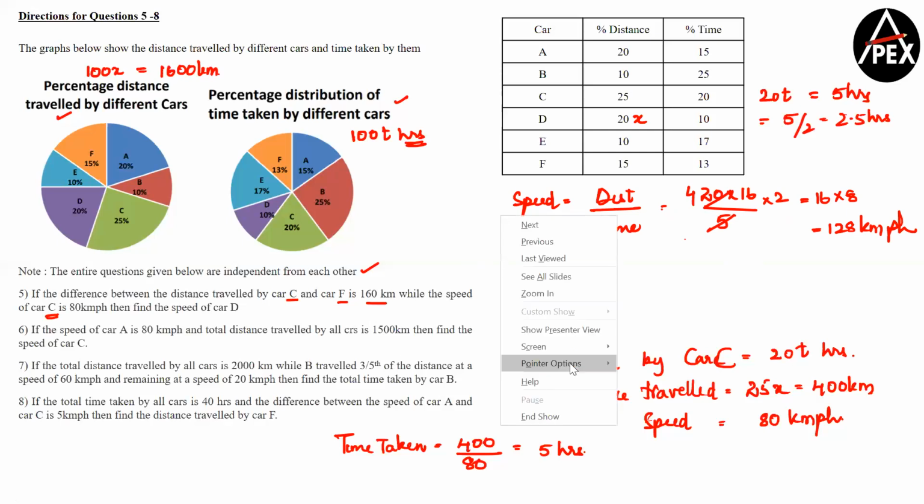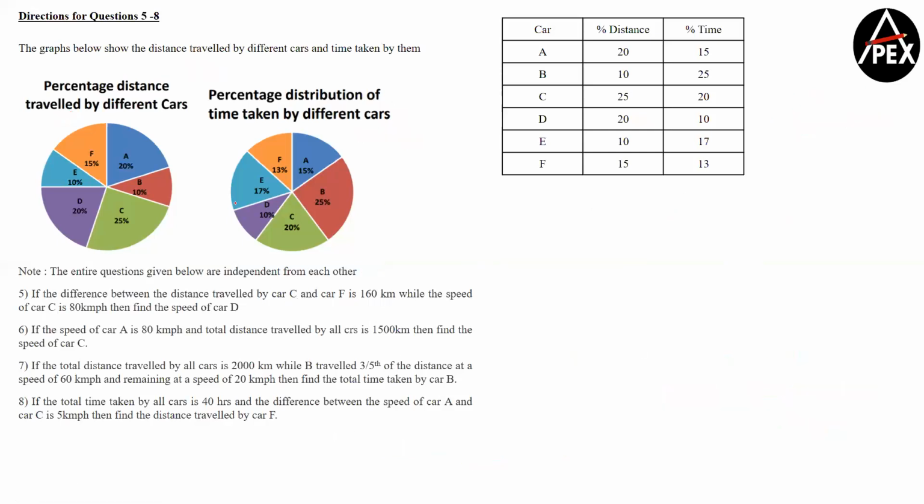Now coming to the sixth question. If the speed of car A is 80 kilometers per hour, and the total distance traveled by all cars is 1500 kilometers, then find the speed of car C. It is given that the total distance is 100x, which is equal to 1500, which implies x is equal to 15.